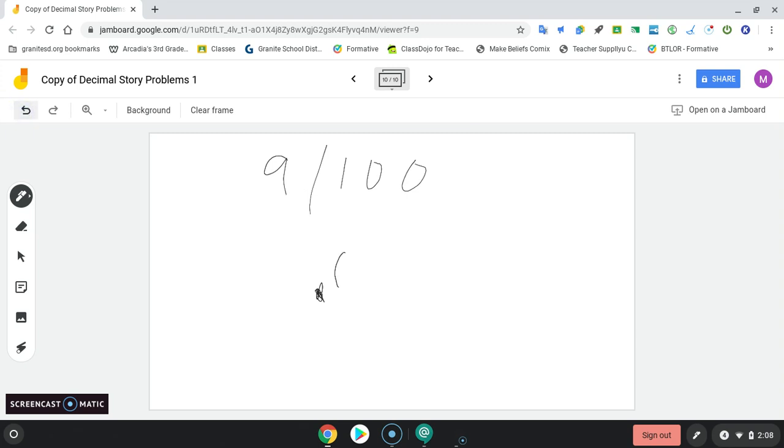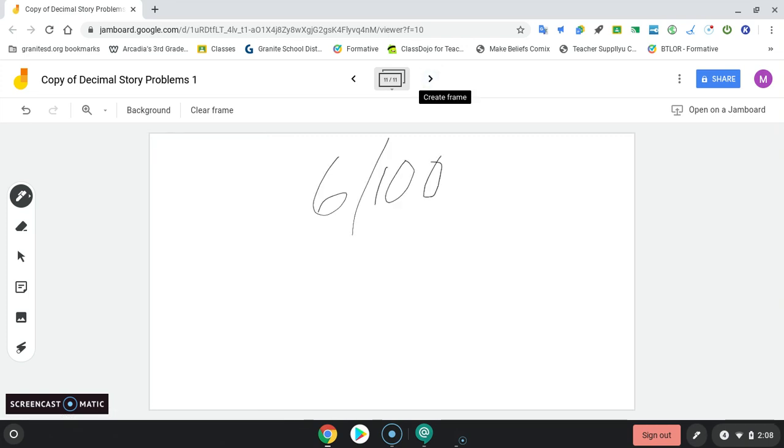So you need to hold the tenths place value with the 0 and then put a 9 here. So 0.09. One quick other one: 6 hundredths. That's only 6 little parts, so you need to make sure you start with 0 point, hold the tenths place, and then put in the 6 hundredths.